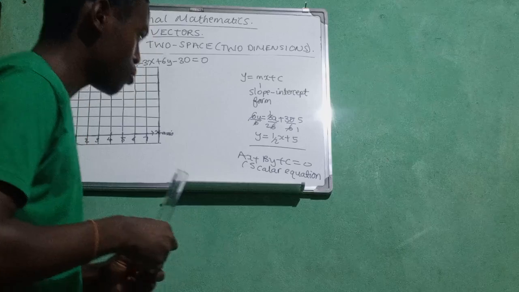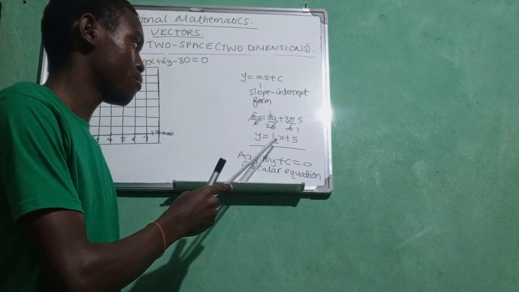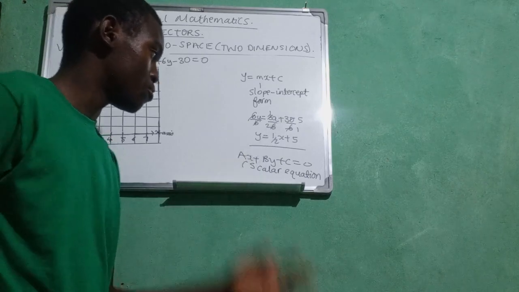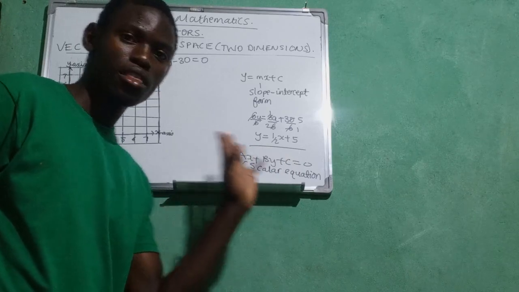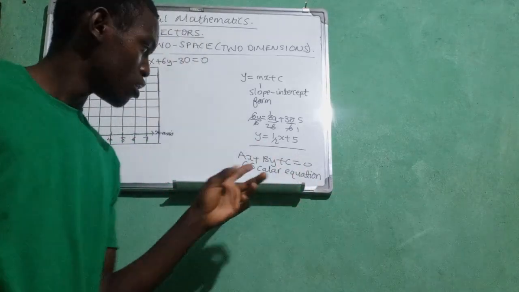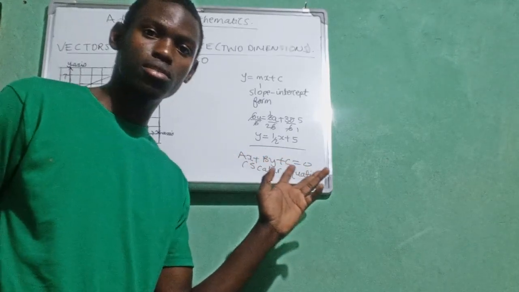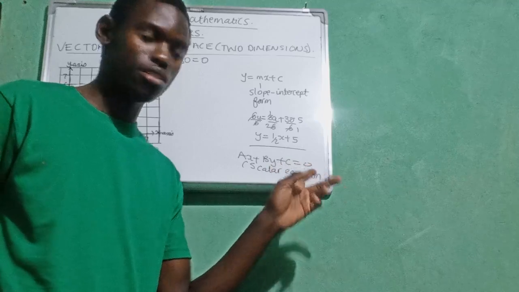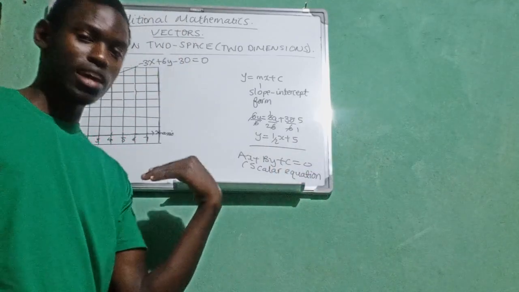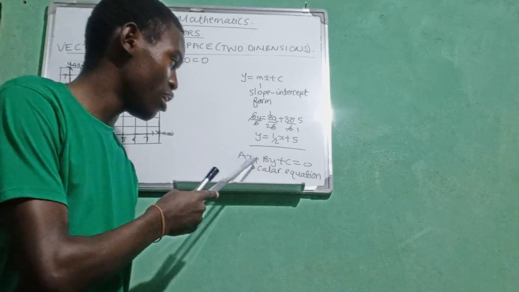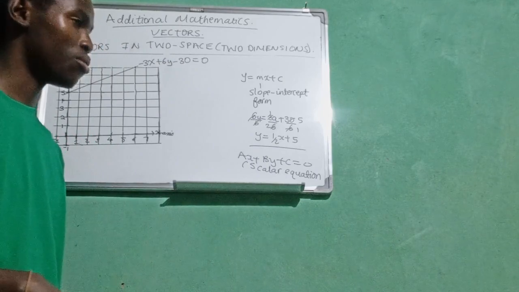Because the equation is in this format, you would take all the variables, x and y with their coefficients, together with the constant c, whichever number that would be, to one side of the equation. Ax plus by plus c is equal to 0.